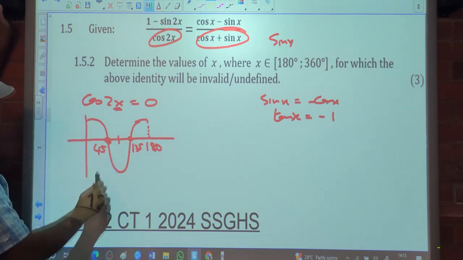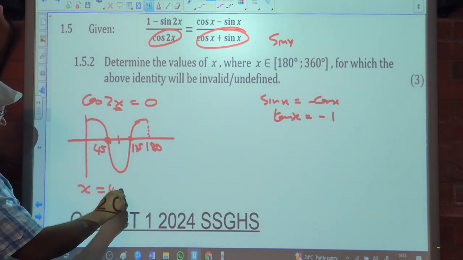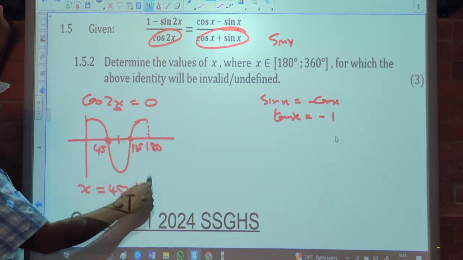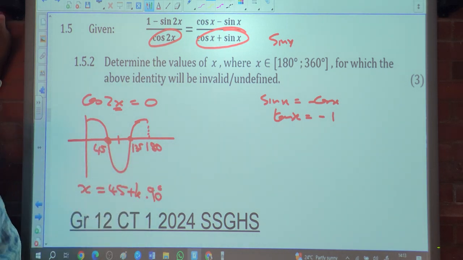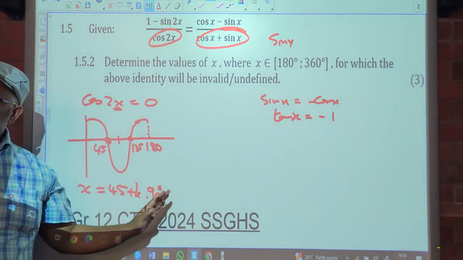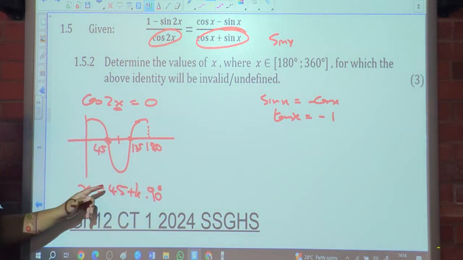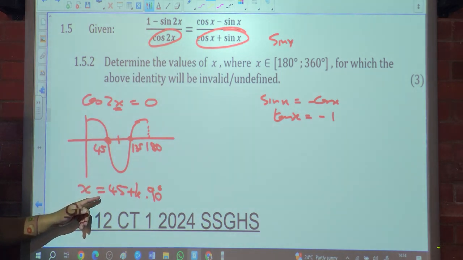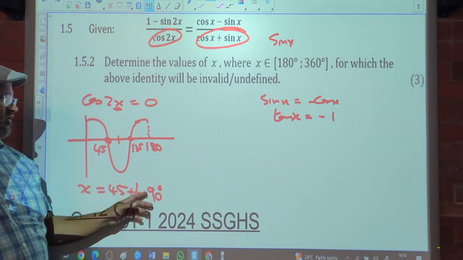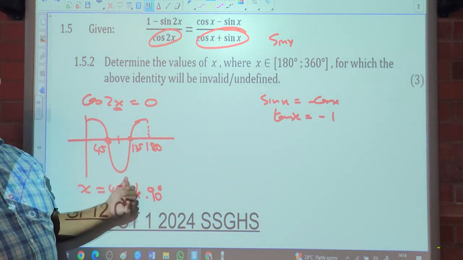So in general terms, this is going to be x is equal to 45 plus k times 90, since the solution repeats every 90 degrees. Otherwise, you could have written 45 plus k times 180. Why? Because that's a cos graph.